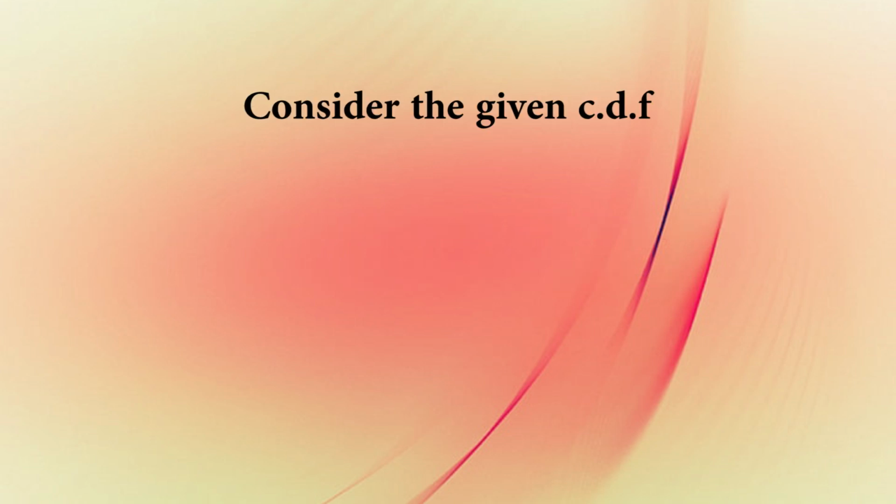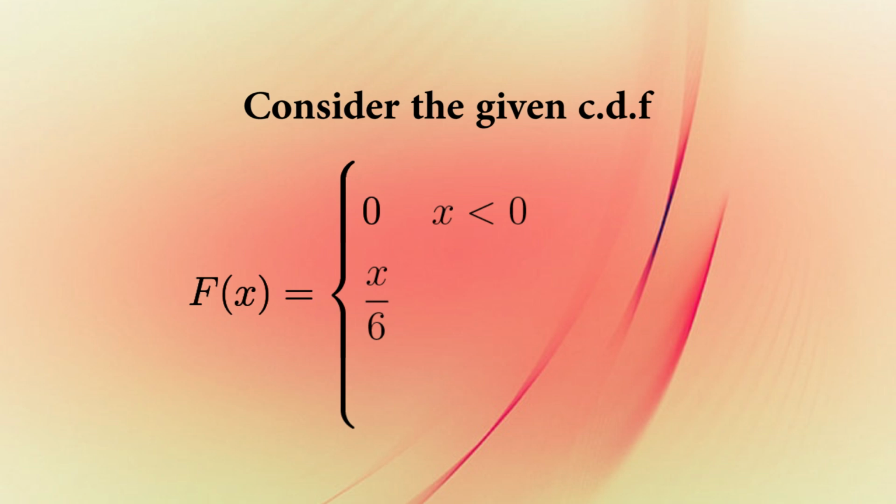Consider the given distribution function F(x) equal to 0 if x is less than 0, x by 6 for x equal to 1, 2, 3, 4, 5, 6, and 1 if x is greater than or equal to 6.